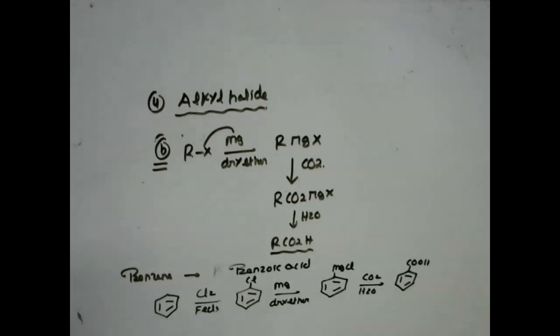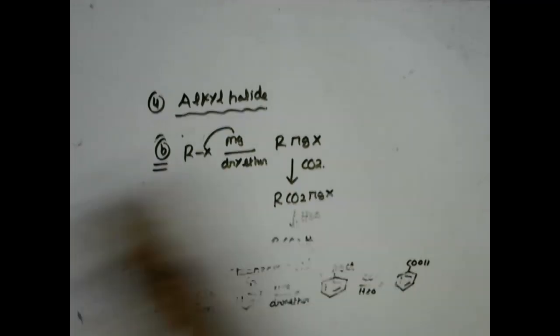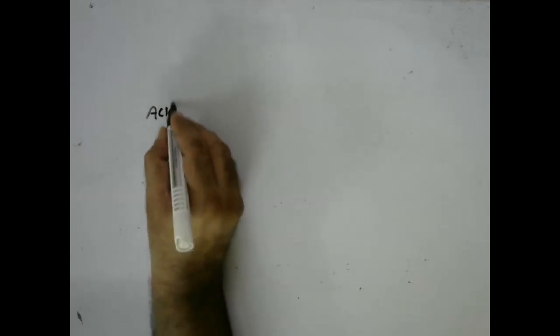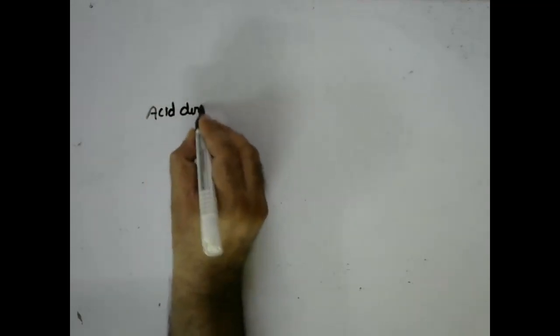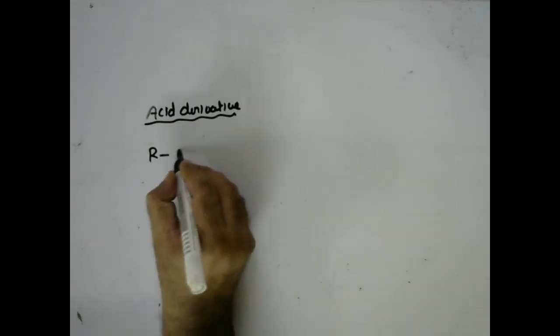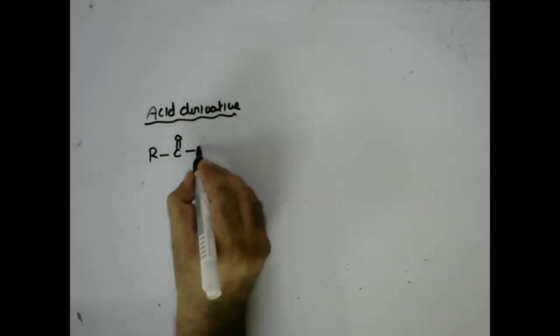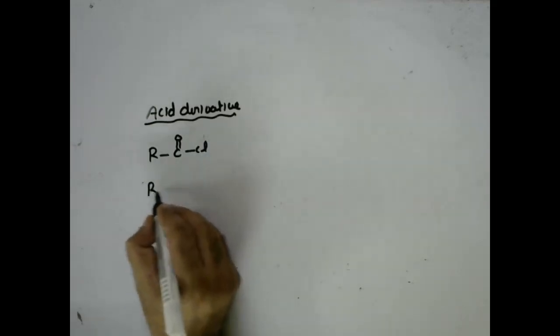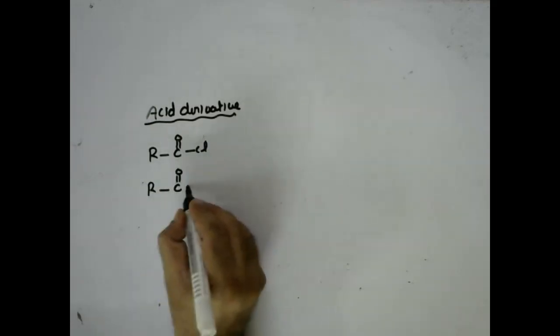The carbon atom increases. Now let us see the second last method of making carboxylic acid, that is by using acid derivatives. Acid derivatives means your acid chloride, your acid amides, where acid amide is RCONH2.